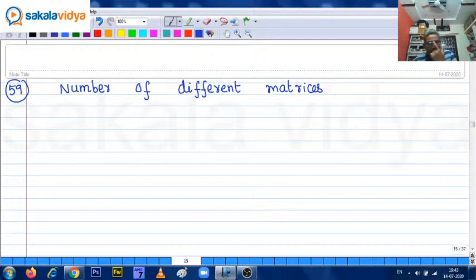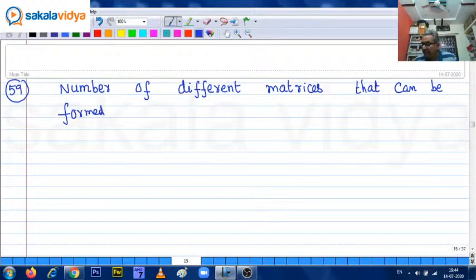Yes, repetition is allowed, Soma. So in these cases repetition is allowed, for quadratic equations and for matrices. Absolutely.